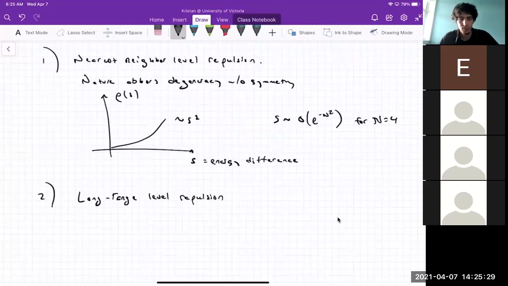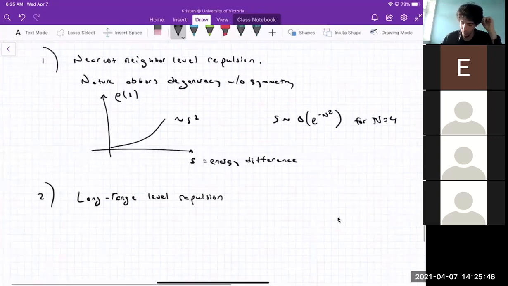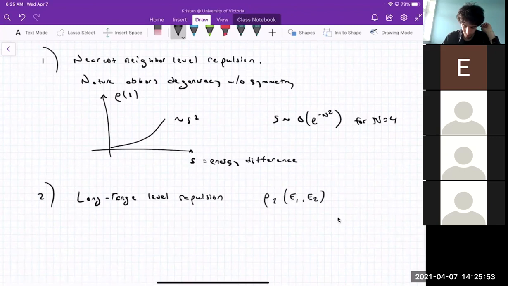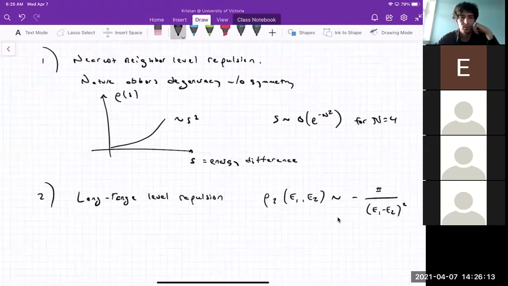But there's another quantitative feature that is not universal per se, but there's a lot of evidence for it: if you look at the 2-point function of eigenvalues, suitably coarse-grained, let's call that rho 2, it depends on 2 energies, and it goes like minus a number divided by the difference in energies squared, even when those energies are not very close together. And the minus sign is encoding the repulsion.